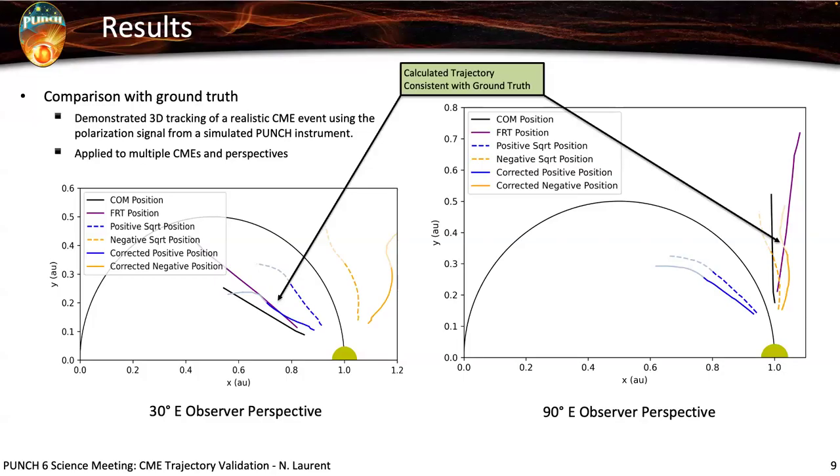And then similarly on the right, the orange line matches that CME. So whether the CME is inside or outside the Thomson surface, we can effectively model it. And this was applied to multiple CMEs in the CME challenge data set.